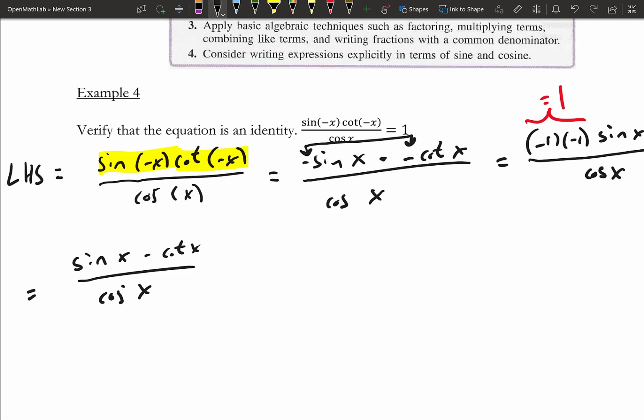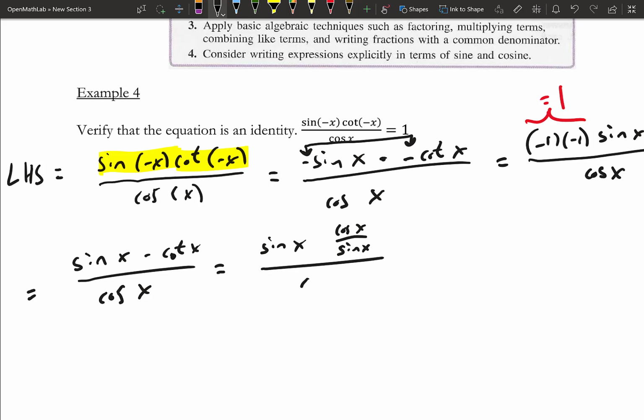Remember, we're trying to get the 1 from this. So notice I have a sine, a cosine, and cotangent. Something nice and convenient is I can rewrite cotangent in terms of sine and cosine. So let's see if that gets us there. This would be equal to sine x, and cotangent is equal to cosine x over sine x. So I can just fill that in.